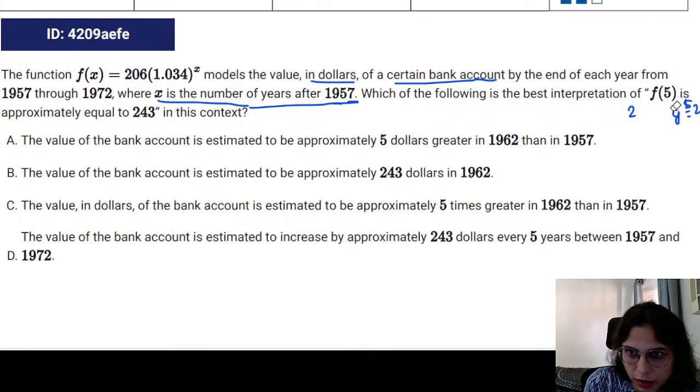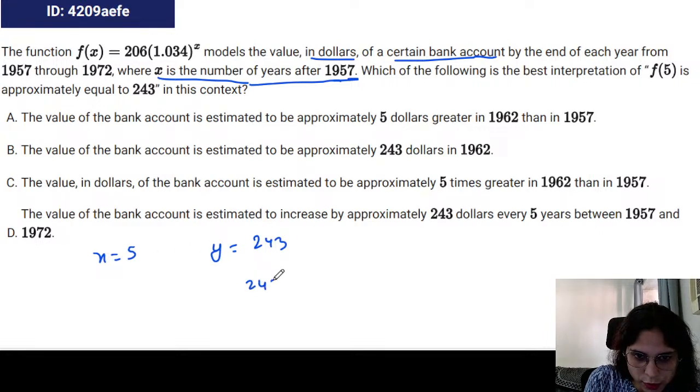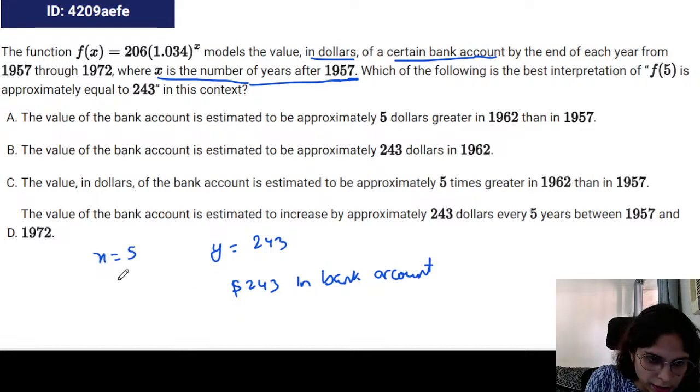Let me write in a more clear way. So this means $243 in the bank account, and this is after 1957, so the year is going to be 1957 plus 5, that's 1962.